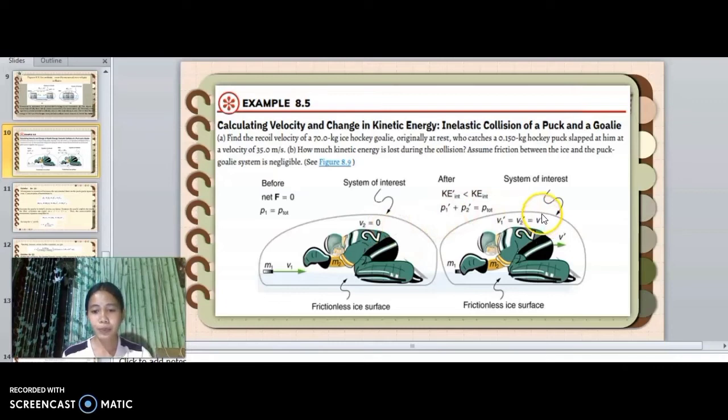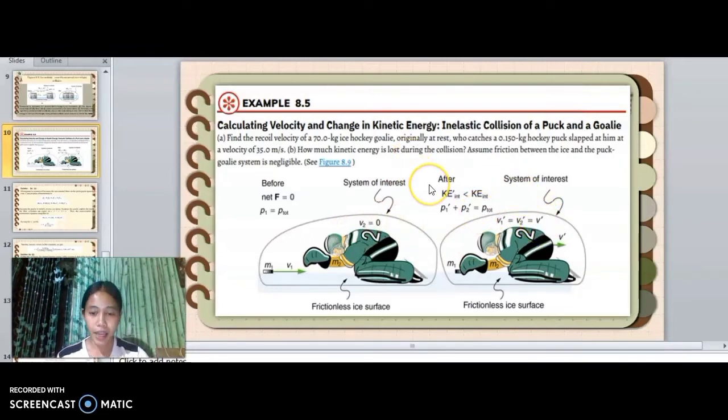Now after, the ice hockey goalie catches the hockey puck, so that would be v prime 1 equals v prime 2 equals v prime. It is because v prime 1 and v prime 2 are just the same, so we are just going to call it v prime.